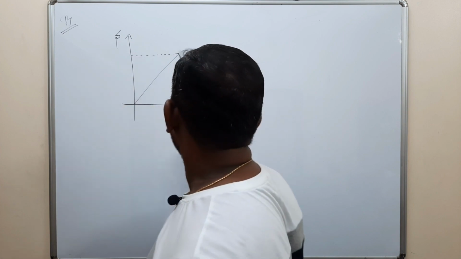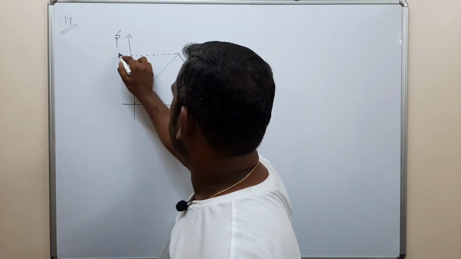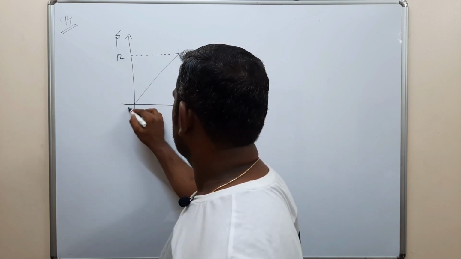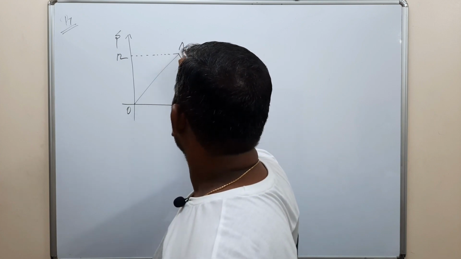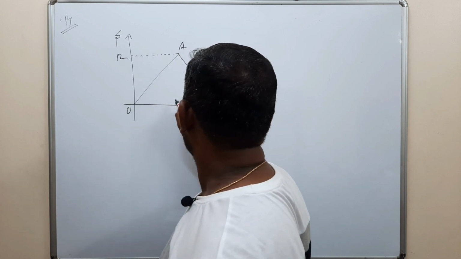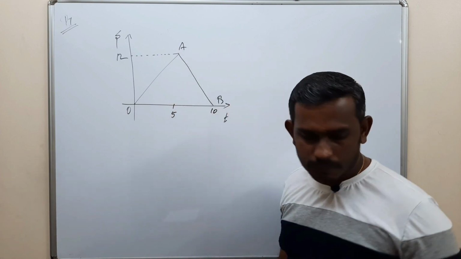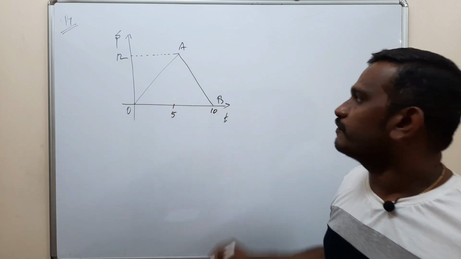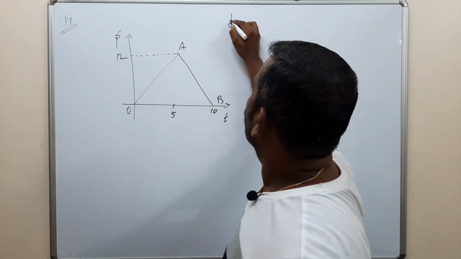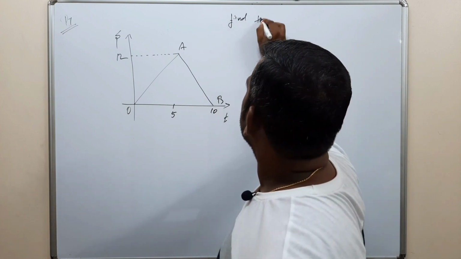So, speed time graph. Okay, speed time graph is given. Find the displacement.